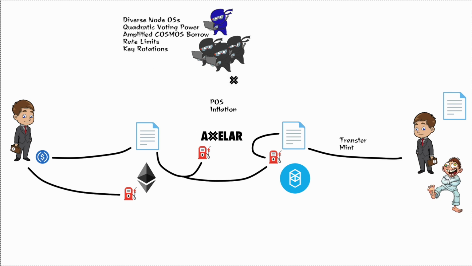The other thing they talk about is quadratic voting power, and that basically, as these node operators start to build up their stake, they get more voting power, but it takes more to gain. So let's say one guy has 100 and another guy has 200. He is not going to have twice the voting power as the first guy.